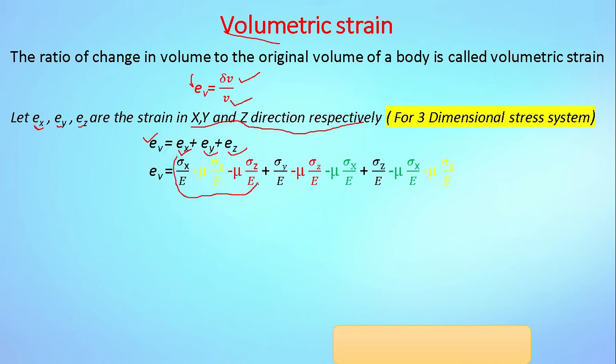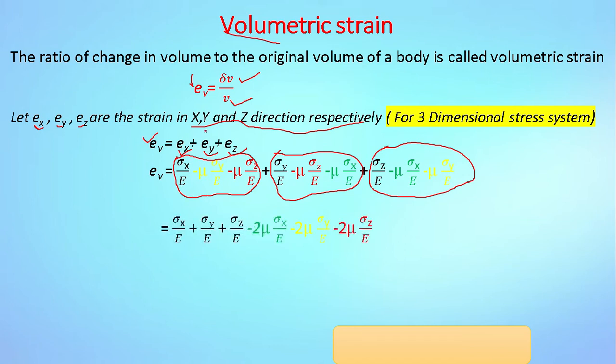This is the value of Ex, this is the value of Ey, and this value indicates Ez. So in these terms, we will find the common terms. This in yellow color, minus mu sigma y divided by E and minus mu sigma y divided by E. These two are common.